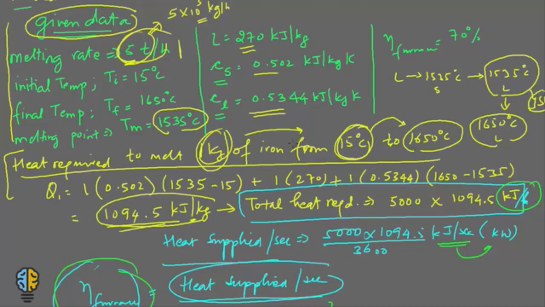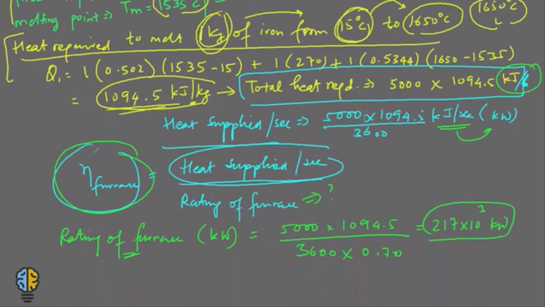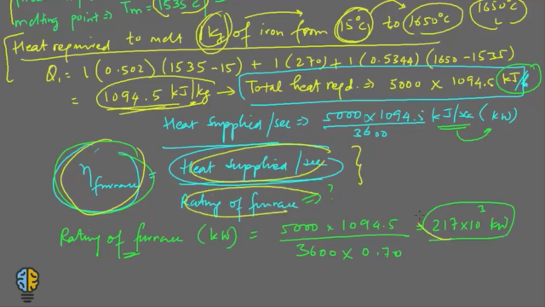So the understanding of sensible heat and latent heat is of high importance in solving questions on heat transfer in a system. And this is very common stuff that you all remember, that the efficiency is equal to the actual heat supplied upon the theoretical rating of the furnace, and that would give you the rating of the furnace in kilowatts.